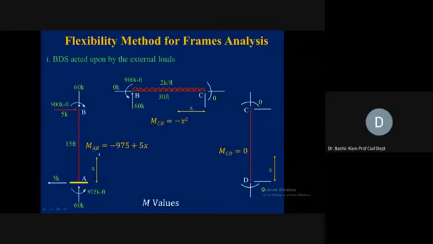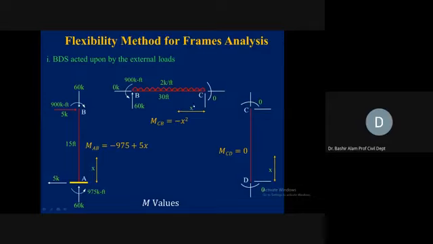Capital M values are what we are generating now. We already discussed MBC. The origin was C, so this is minus. Why? Because when it starts bending clockwise here, it causes tension in the outer fiber. So minus comes from there, and it is 2 times x divided by 2.